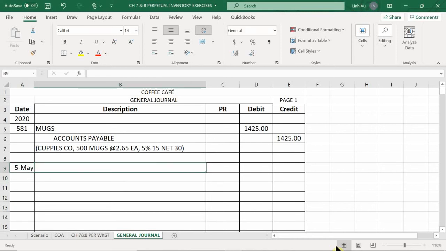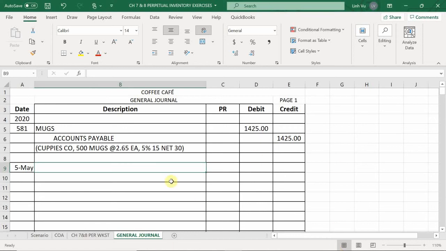Now, when we are attempting to return items, where are we actually returning them from? Which account are we taking out from? And where are we refunding the money to? Inventory? Yes, we're going to be taking the items out of inventory because we no longer have those items anymore. We end up returning 15 of them, so we need to update our inventory to reflect that we have 15 less. That's the same thing with journalizing too.